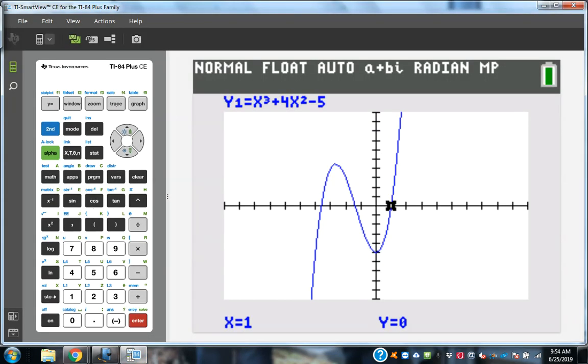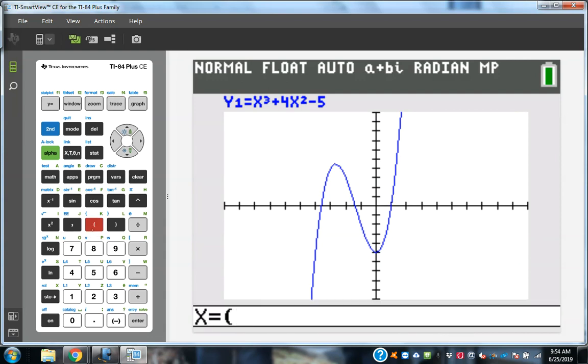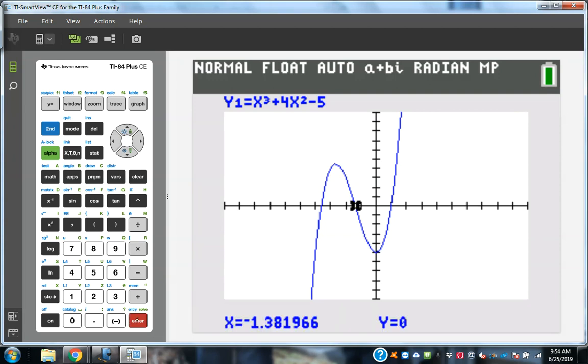So when I type that in, I hit trace, and I got to be careful as I type that in. I got to put the top part in parentheses. So negative 5 plus the square root of 5, close those parentheses, divided by 2. Okay, so got to type it in that way. Hit enter. Hey, it converts it to a decimal when it displays it.